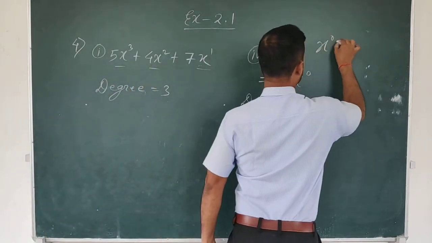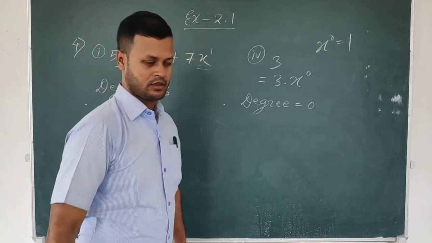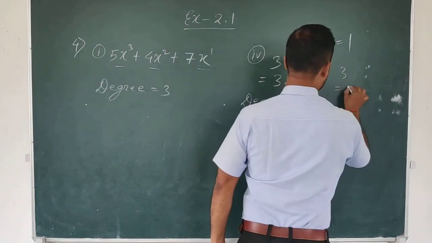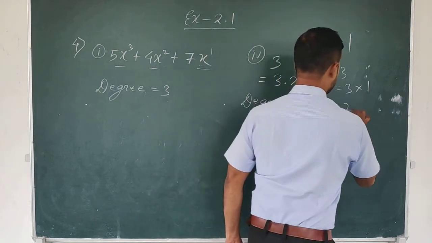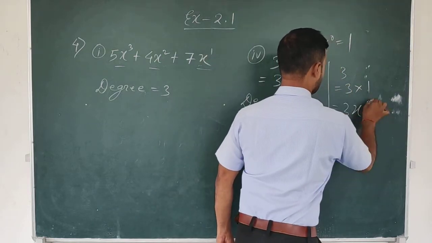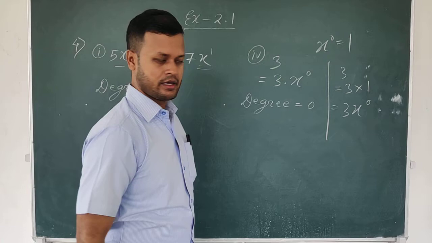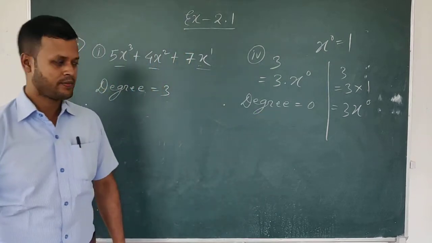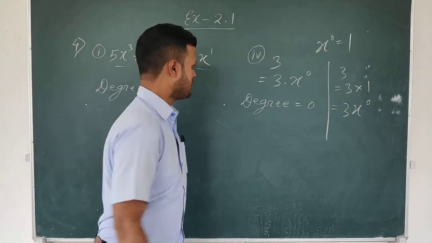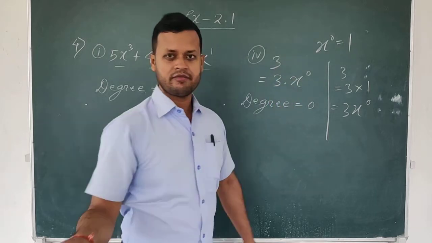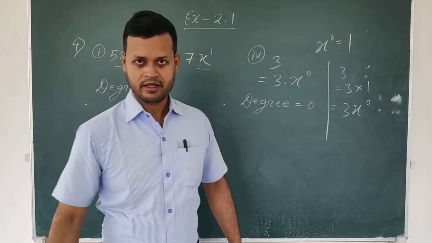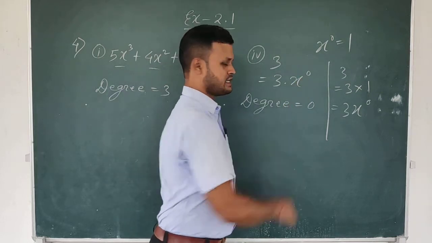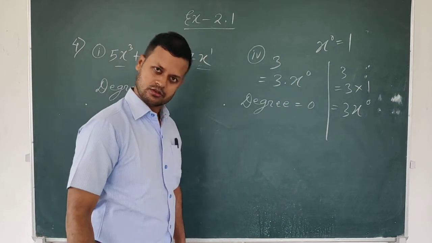Because x to the power 0 means 1, so 3 into 1 is 3. So what will be the degree? 0. Because here no variable is there. If you want to put a variable, then you must keep degree 0. 3 into x to the power 0, the degree is 0. Understood?